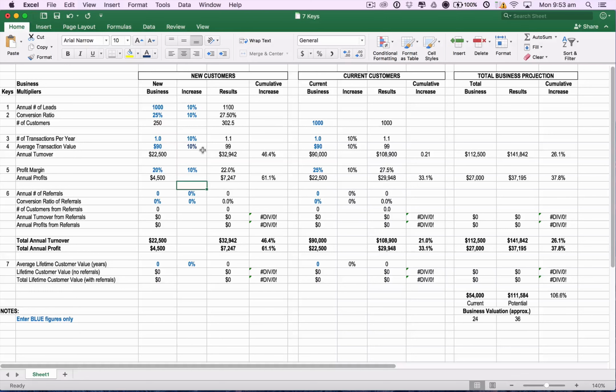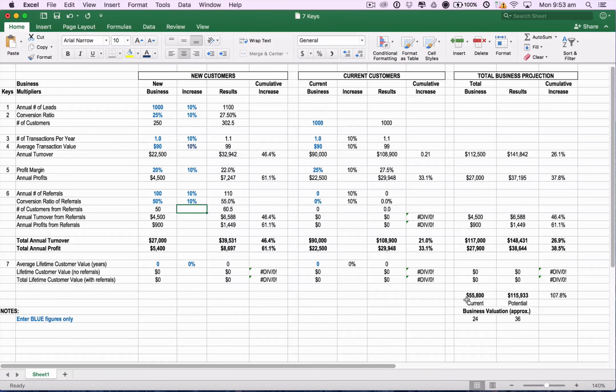So again, if you just continue to play with this, if you've got referrals, let's say you get 100 referrals and you convert 50% of them, that obviously does a lot to increase the dollars. You improve that by 10%, improve that by 10% with some effort, and you're suddenly looking at, we've basically increased the potential for sale for this company by 107%.